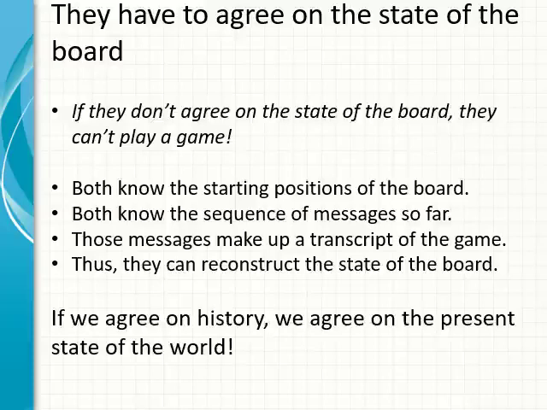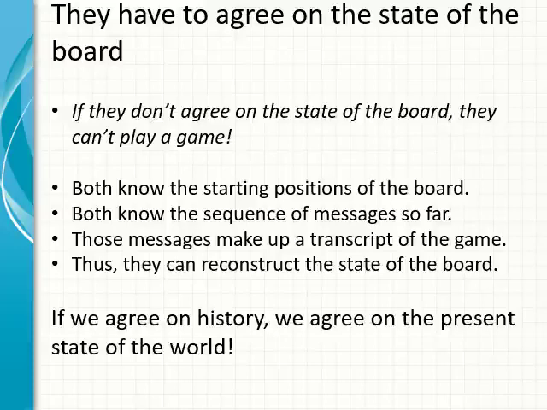Both the players know the starting positions of the board, and both know the sequence of messages they exchange among them, and these messages are nothing but one move on the board, and these messages make a transcript of the game. And when the game is over, we can reconstruct the state of the board by using this transcript.